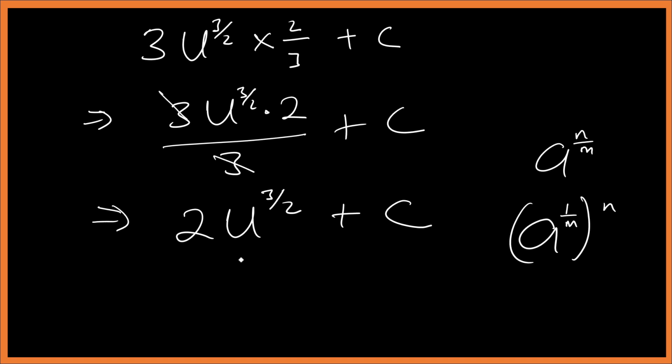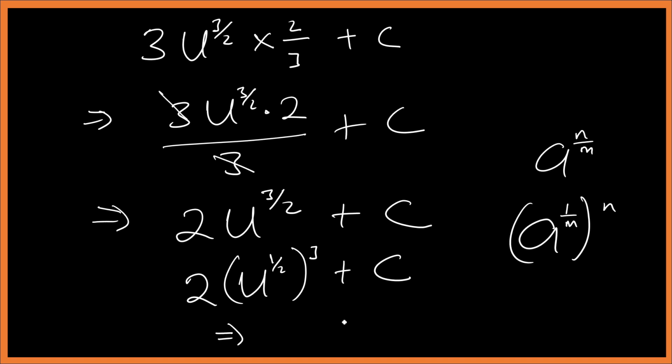So from here you can write this as 2 times u raised to half, all raised to 3, plus c. So we can say 2 times the square root of u, all raised to 3, plus c.